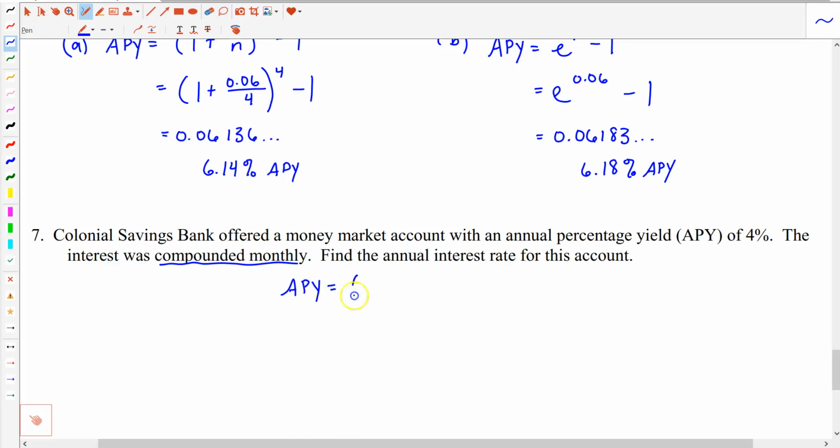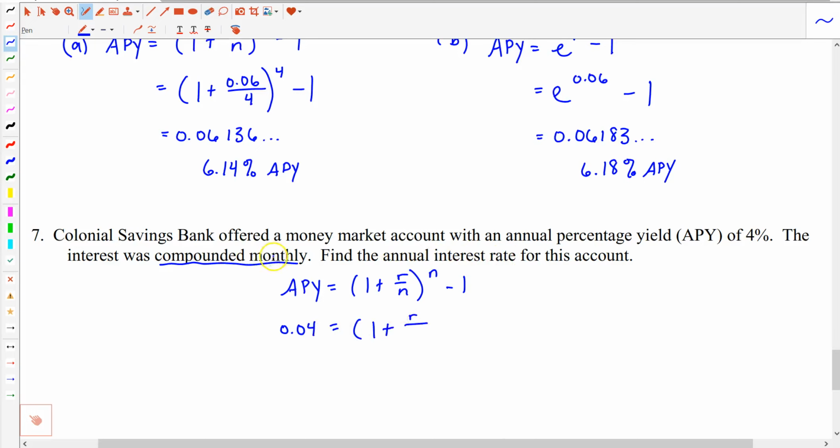So I would have the APY is equal to (1 plus r over n) raised to the nth power, and then minus 1. So substituting in the numbers that I know, the APY in this account is 4%, so 4% as a decimal is 0.04. I would have 1 plus, now the interest rate on this account is not known, so I don't know little r.